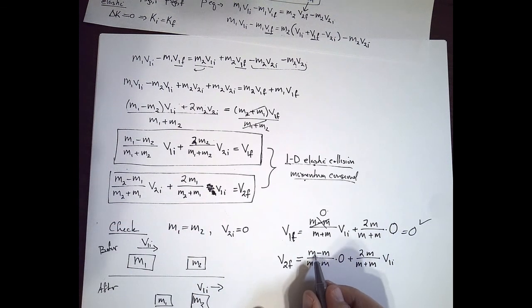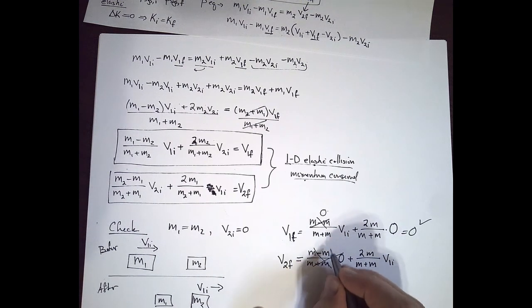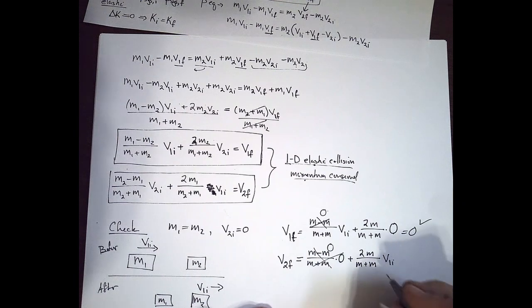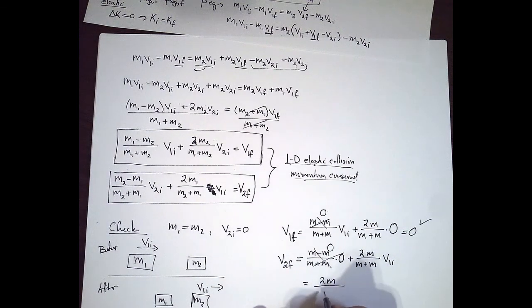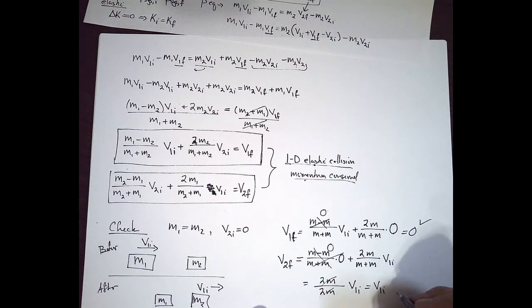All right, so this is m minus m, that's 0, but we're multiplying it by 0, so this term is kind of doubly 0. This term is 2m over m plus m, that's 2m, times the initial velocity of the first mass. Well, 2m over 2m, those both cancel, and we're just left with the initial velocity of the first mass, which is what we expect.